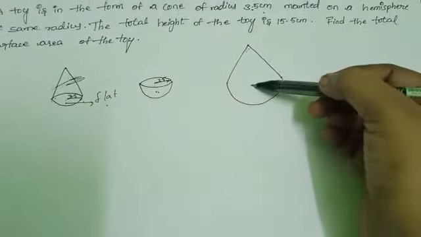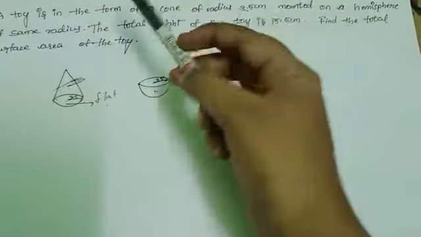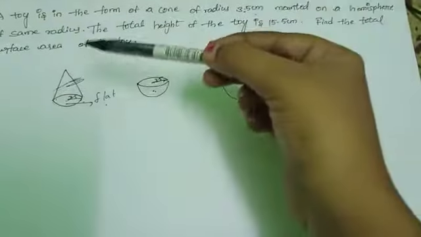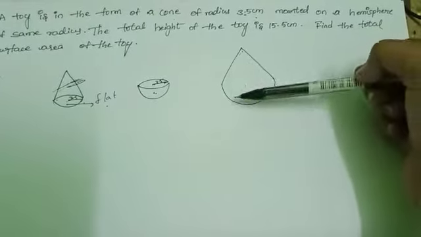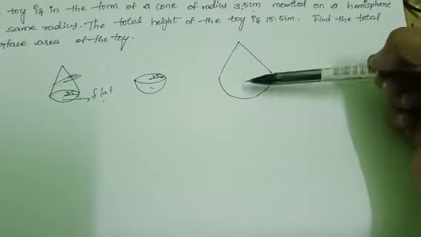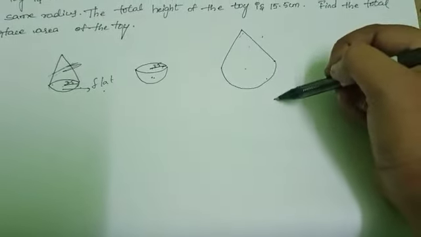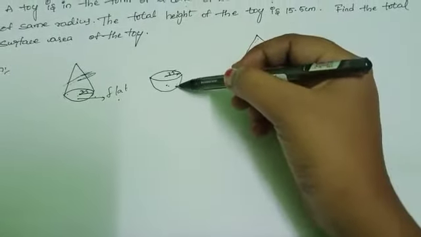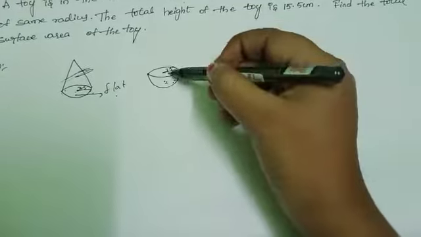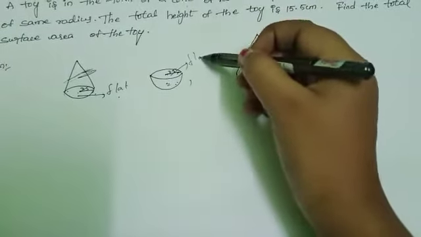See this toy. Here this toy is in the shape of a cone, and the cone is mounted on a hemisphere. The above part is the cone, the below one is the hemisphere. The hemisphere has one curved surface and one flat surface.